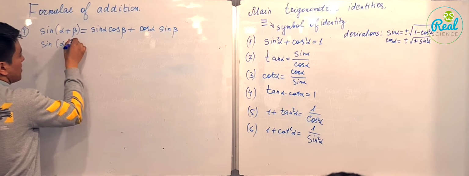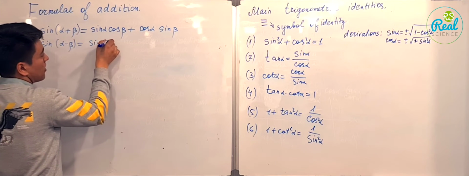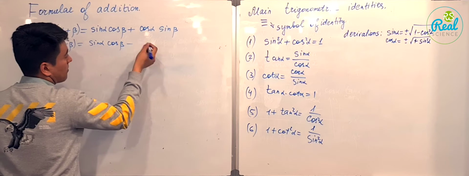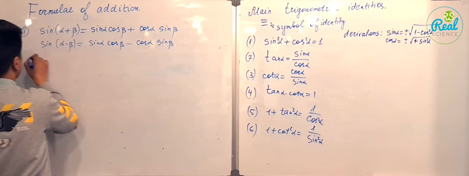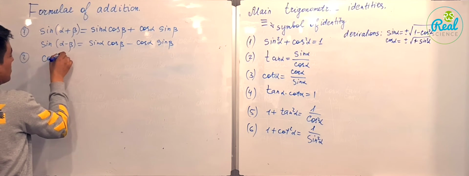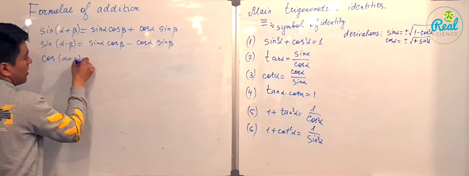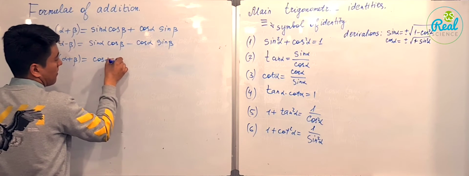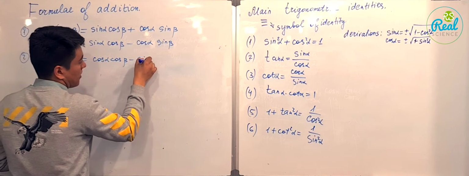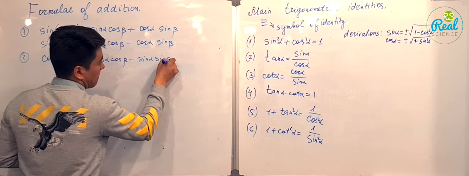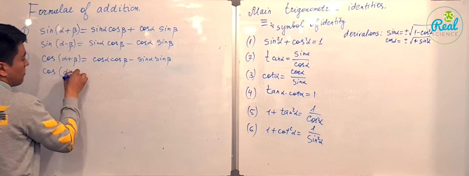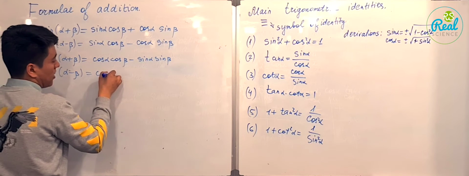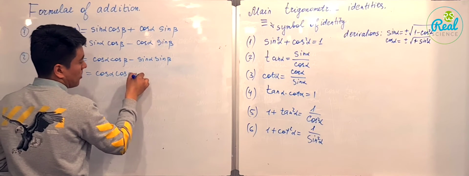Sine of alpha minus beta is the same, but it must be minus. Now cosine of alpha plus beta equals cosine alpha cosine beta minus sine alpha sine beta. For alpha minus beta it is the same but positive.